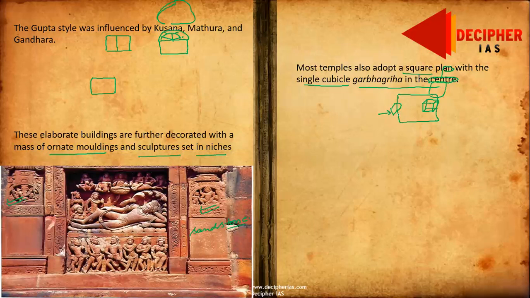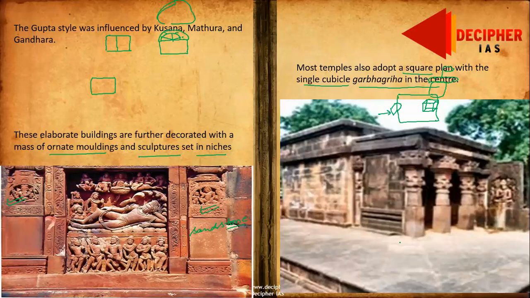The columns can support a pot and foliage capital, and the roofs were generally flat. As in surviving examples, you can see here the porch and the columns. This is the basic entrance. There we have the flat roofs we were talking about.